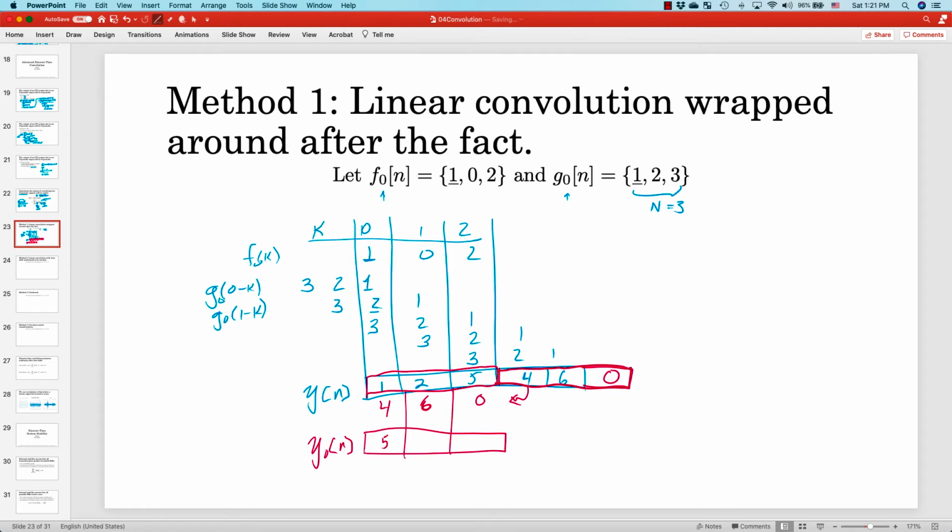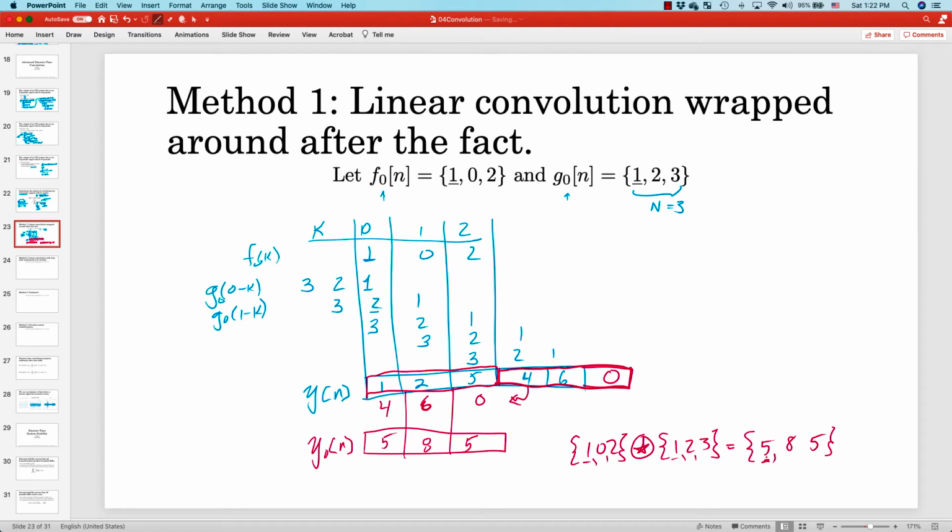So I get 5 and 8 and 5. Okay, so the way to write this would be that the circular convolution between 1, 0, 2 and 1, 2, 3 is simply 5, 8, 5.